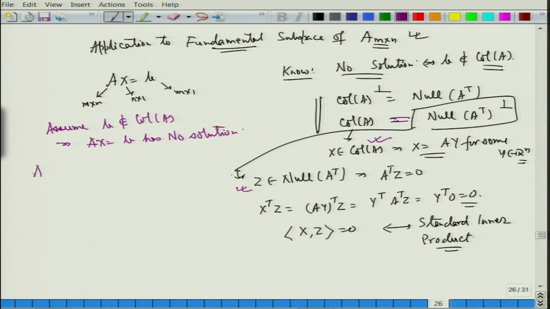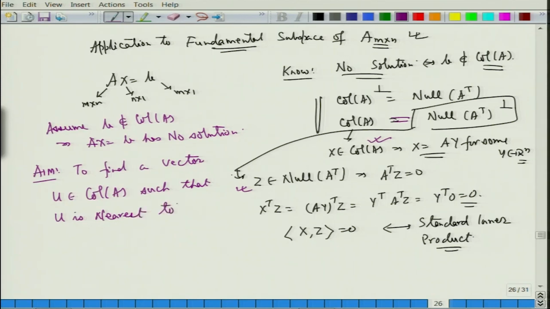So the aim is to find a vector u belonging to the column space of A such that u is nearest to B. I cannot get B using the columns, so I want to find the nearest.